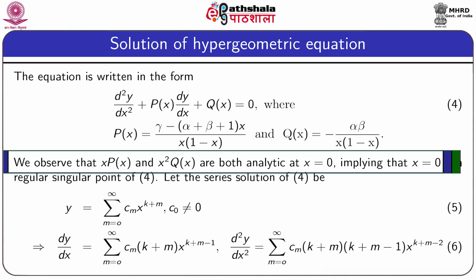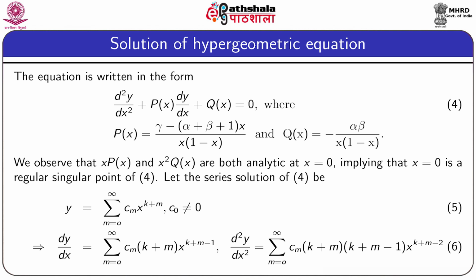We observe that both x p(x) and x square q(x) are analytic at x equal to 0, which implies that x equal to 0 is a regular singular point of equation 4.